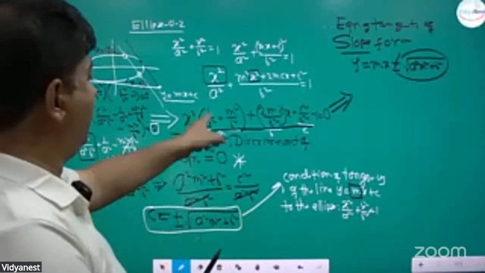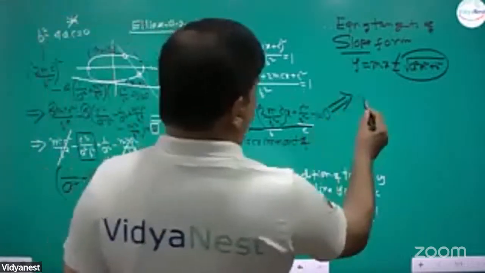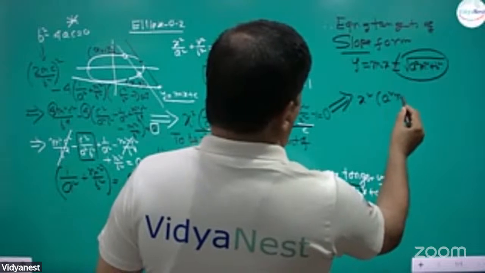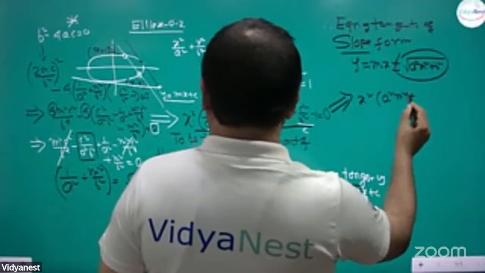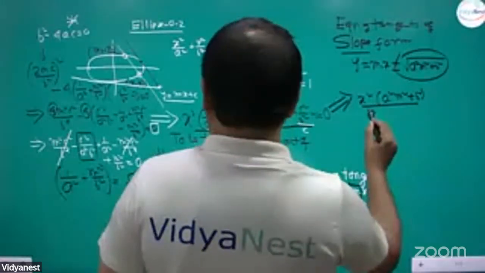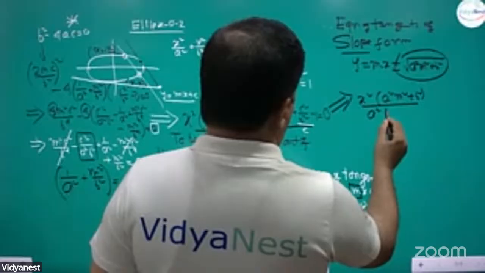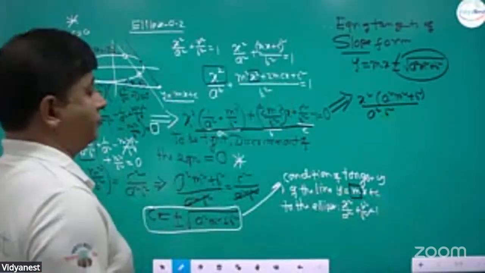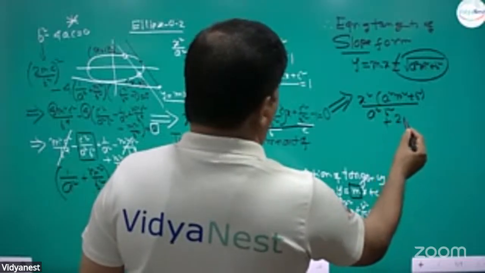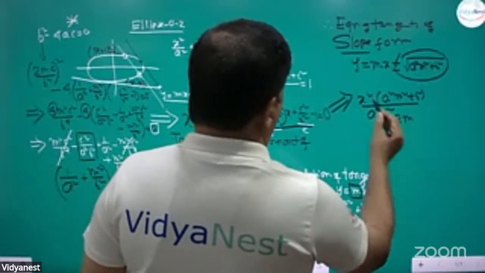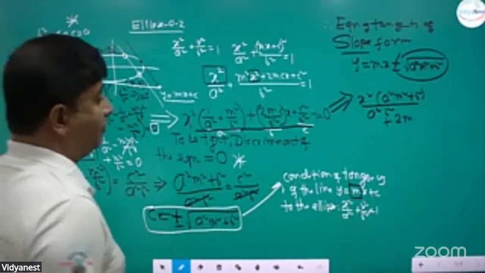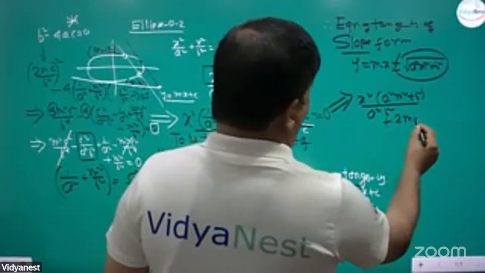You see, by taking the LCM, x square (a square m square plus b square) by a square b square, plus 2m. What is C? Suppose I am letting the plus sign.